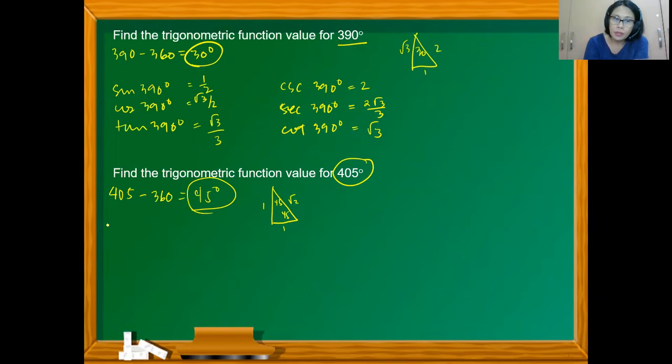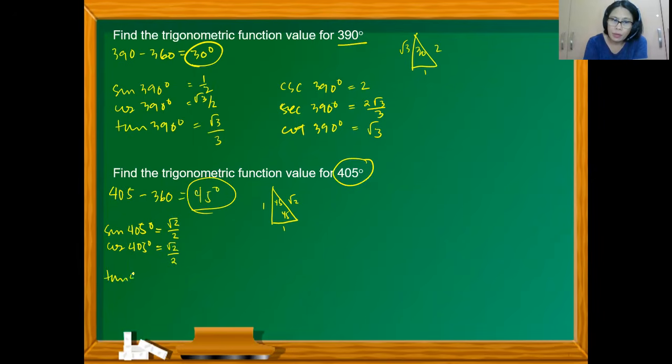So sine 405 is equal to, either of the two angles can be considered as the reference, 1 over the longest side. So this is 1 over square root of 2 or square root of 2 over 2. Now cosine 405 is also adjacent over the hypotenuse. So this will likewise be square root of 2 over 2.